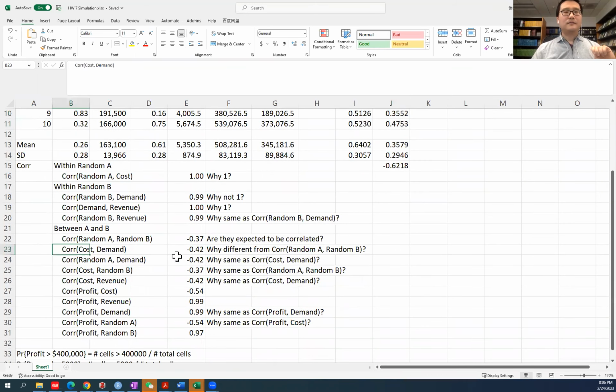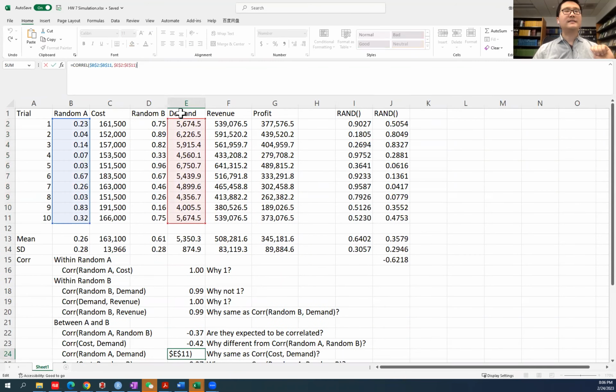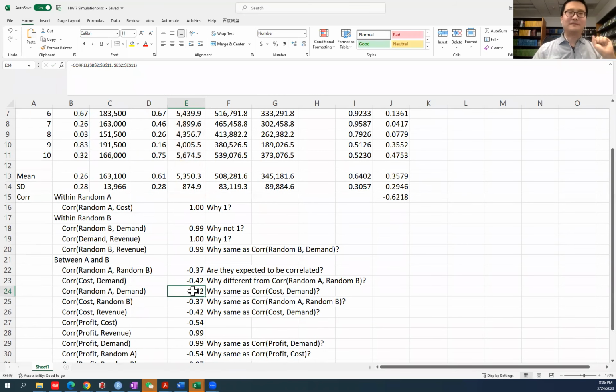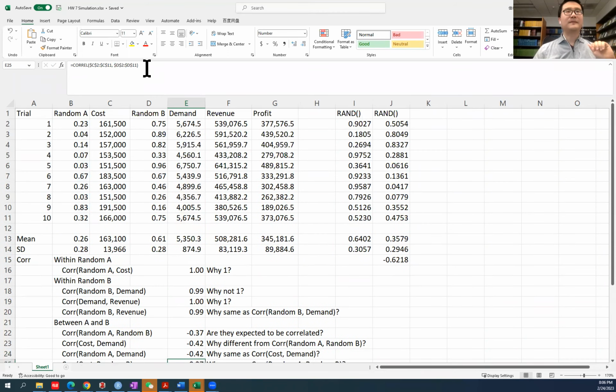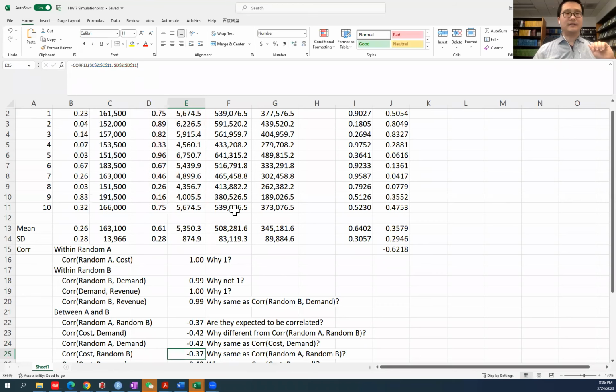All right, so you could also check the correlation between random A and demand, which gives us exactly the same as the random A and a different one. So we could also check the correlation between cost and random B and all others.